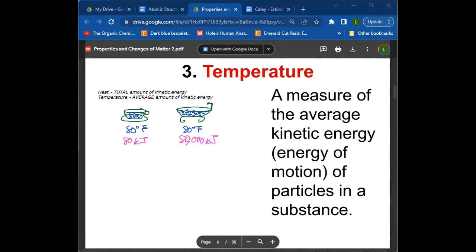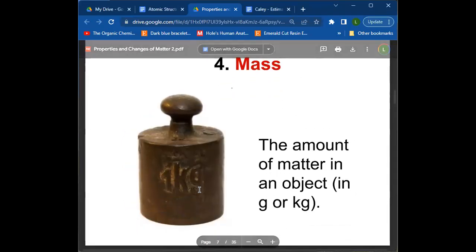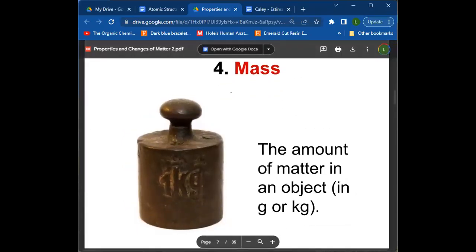Or I'm sorry, the amount of heat in the bathtub is going to be way, way more. But either way, temperature and heat are both physical properties.